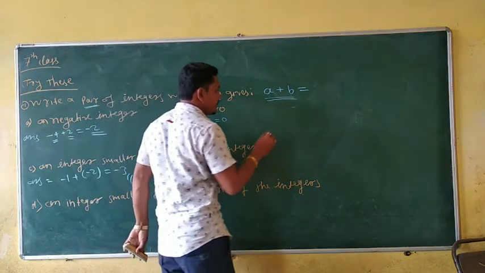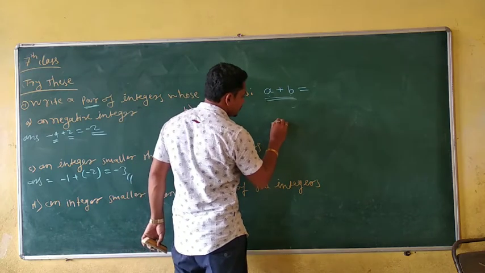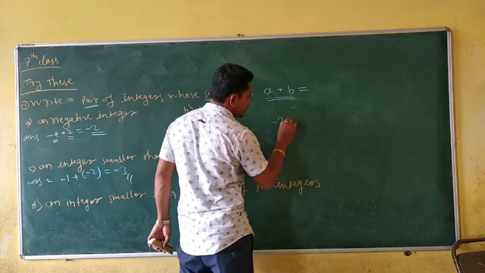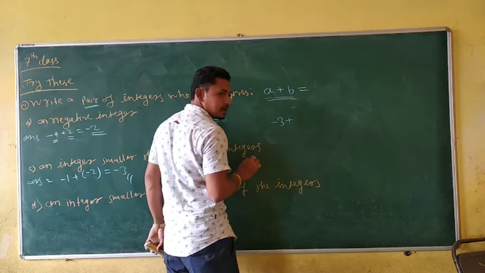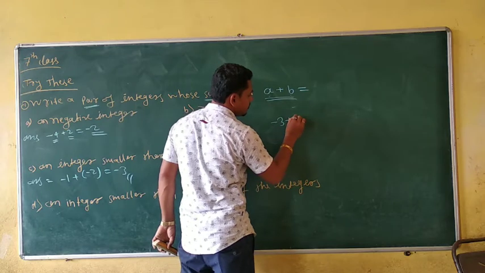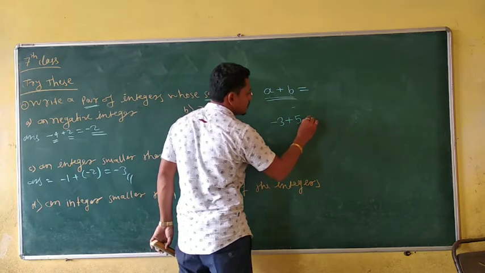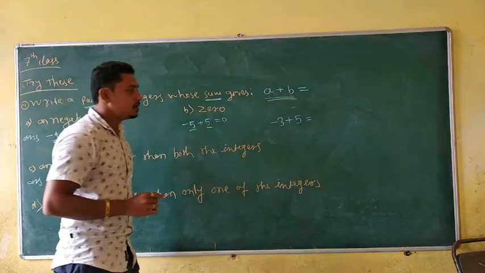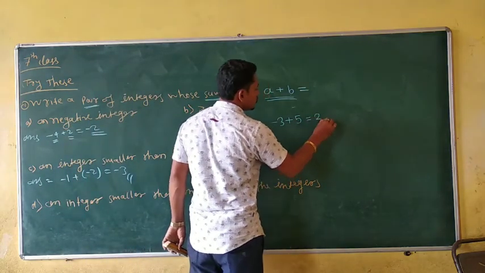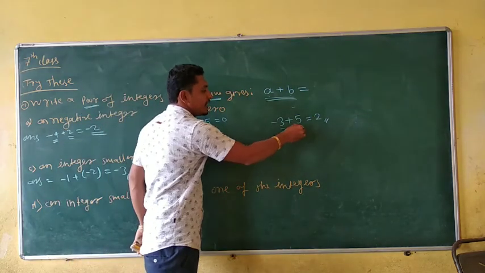So I take minus 3 plus 5, which is equal to 2. Is it right? Minus 3 is an integer, 5 is an integer.